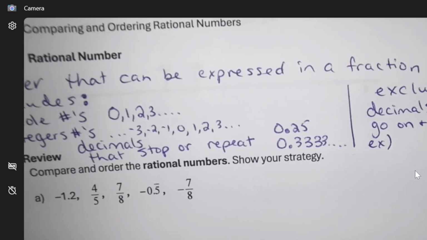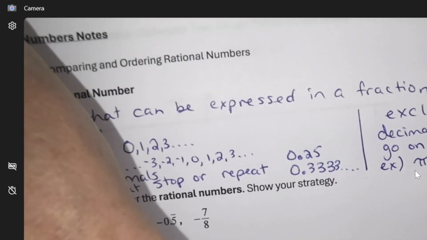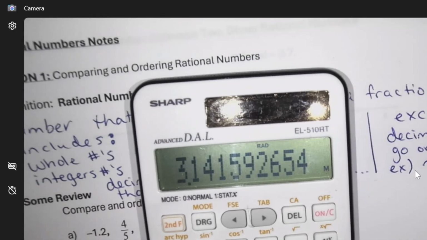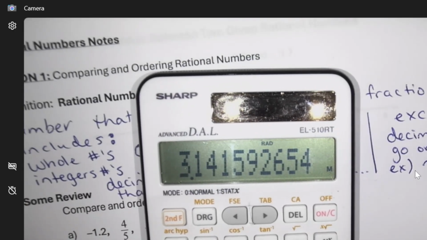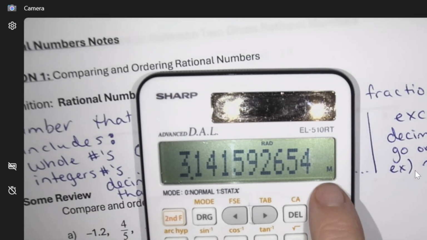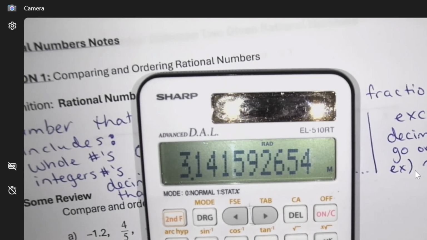Example, pi. Okay, if you type pi in, 3.14, and actually my calculator just goes to here, but pi keeps going and going and going. 2, 6, 5.